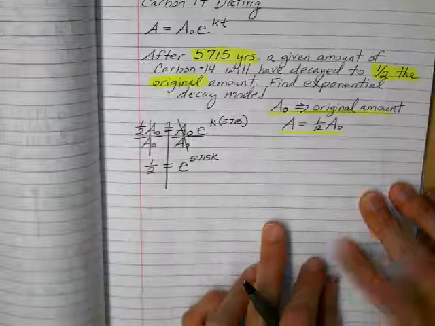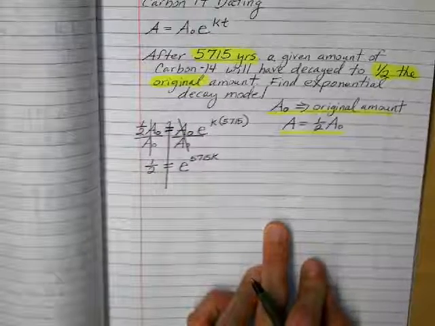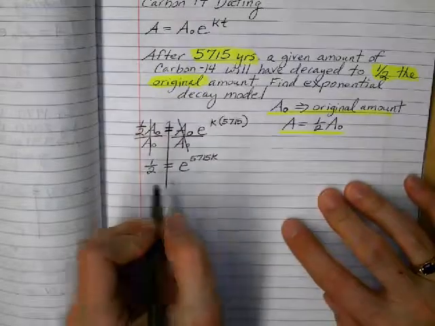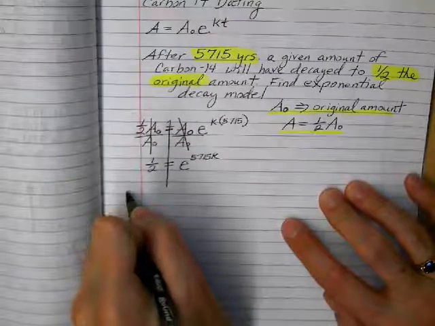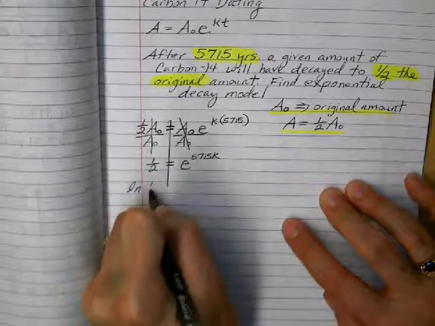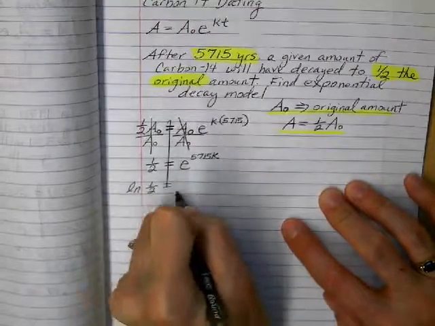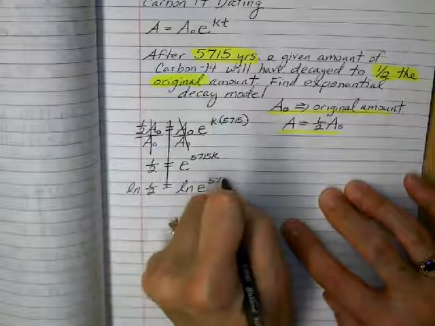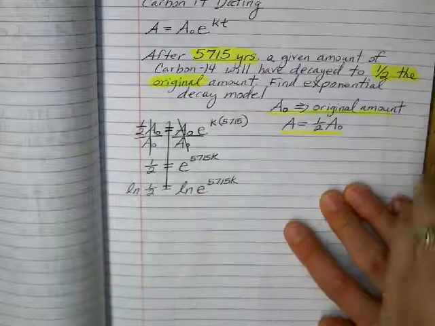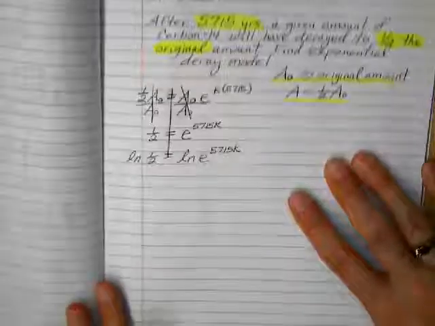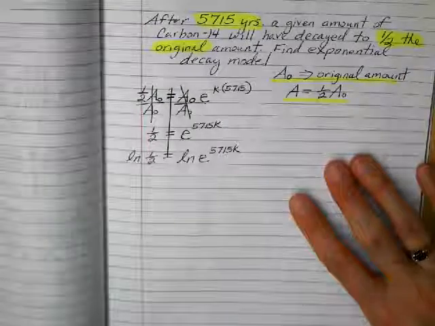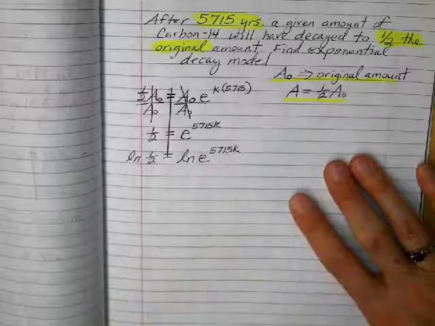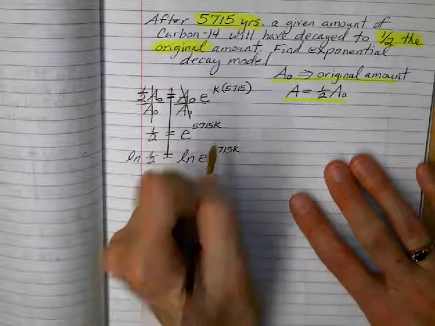Then you take the natural log of both sides. So you take the ln of 1/2 equals the natural log of e to the 5,715k. See, every problem's kind of the same process. Divide, take the natural log of both sides, then this power can come down in front. Power rule.